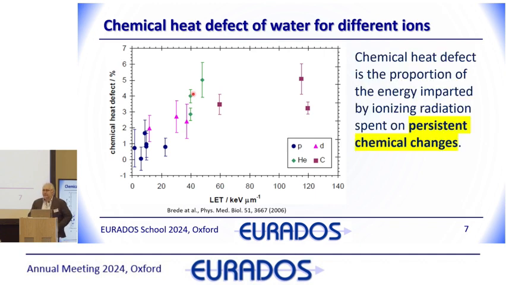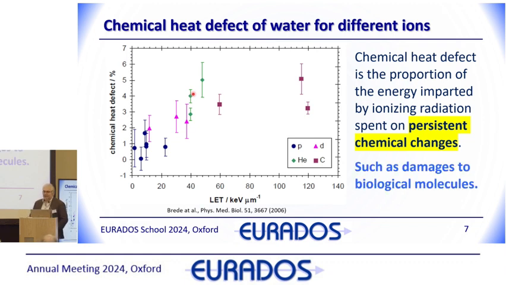So this chemical heat effect is the fraction of the radiation energy that you introduce to your system that is spent into persistent chemical changes. So it is used to produce irreversible changes that are not ending up as heat and as a temperature rise. And one example of these persistent chemical changes is damage to biological molecules.